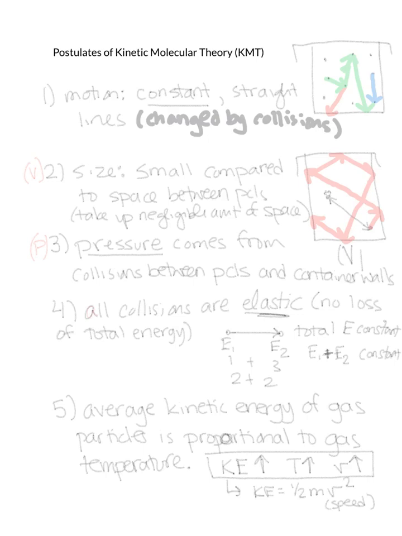I want to talk a little bit more about this average kinetic energy idea, though. One of the truly interesting things about postulate 5 is that it talked about the average kinetic energy. It was assuming the average KE is constant. But the average doesn't take into account that in any sample of gas, I've got lots and lots of gas particles.